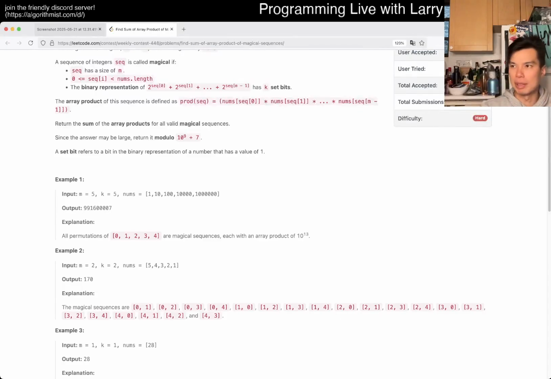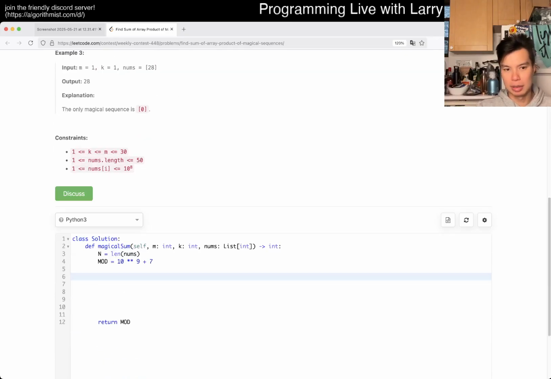Okay, so let's say we have a bit mask. Let's say there's DP and we have a bit mask. How would that look like?